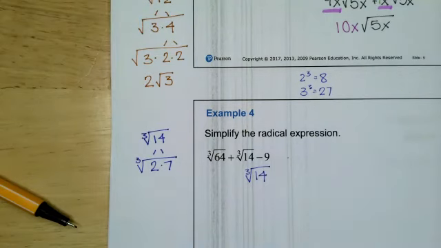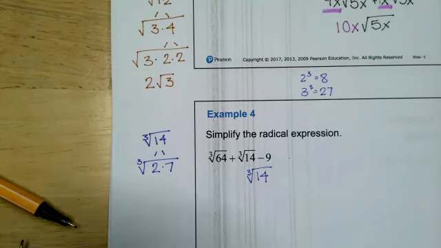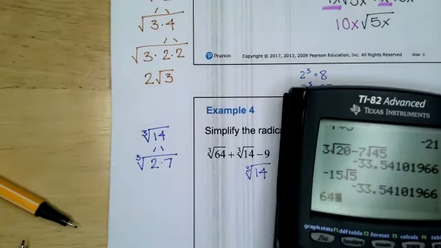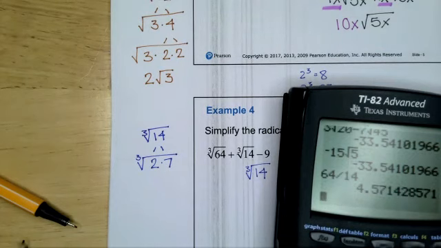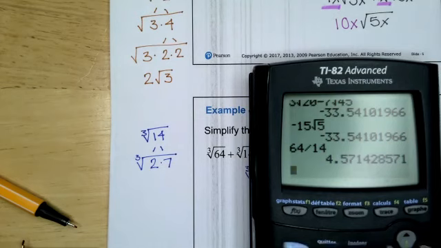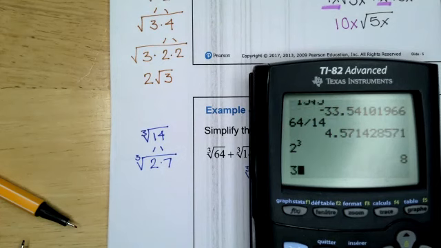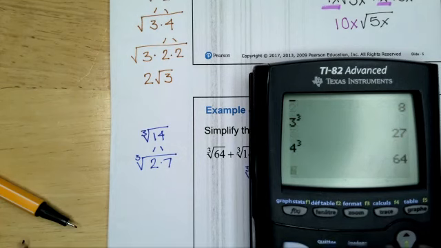Good. Okay. So can I take 64 and divide it by 14? No. Is 64 a perfect cube? So we know 2 to the third is 8, 3 to the third is 27, 4 to the third is 64.